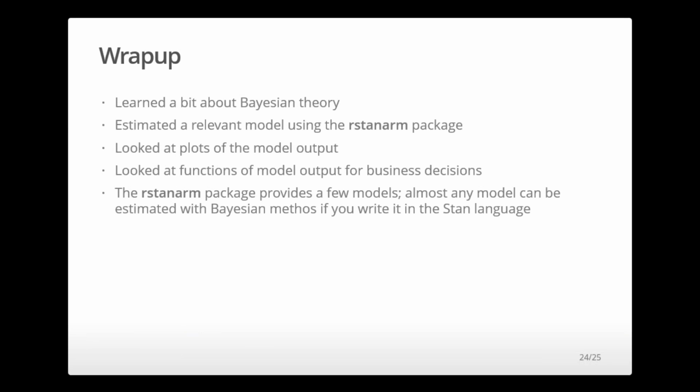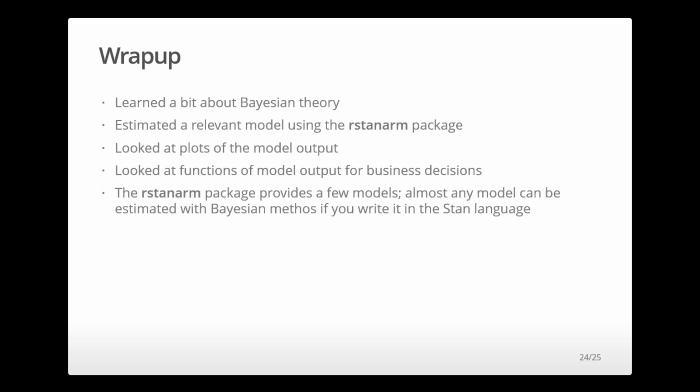So just to wrap it up before we take some questions, we've learned a little bit about Bayesian theory and the workflow and the process that you want to go through to get posterior distribution and then analyze functions of posterior distributions. We estimated a model using the rstanarm package, but there's lots of other models that could have been estimated with rstanarm.